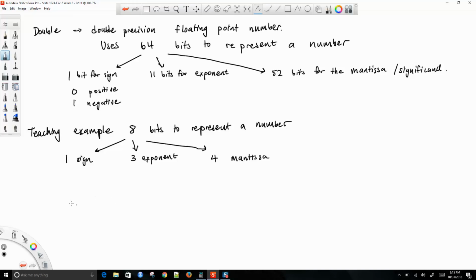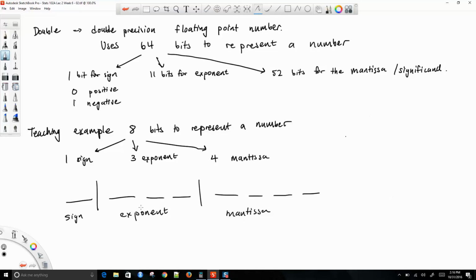And so I'm going to represent numbers kind of like this. I'll say our 8 bits will go like this, and this is the sign, the exponent, and the mantissa.